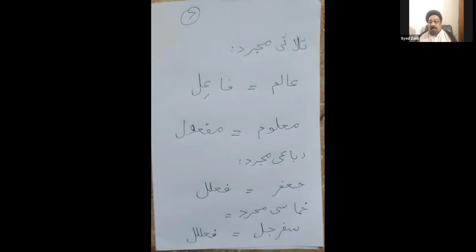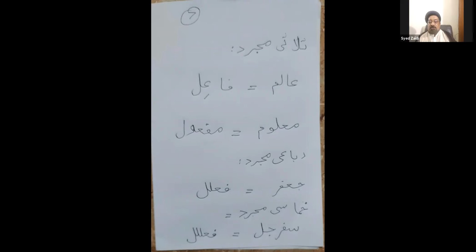Well, as I said, the huruf asli replace the huruf asli of fa'ain lam. But in Ja'far, there are 4 letters. So what do we do? We repeat the last letter, ra, with lam. Why?